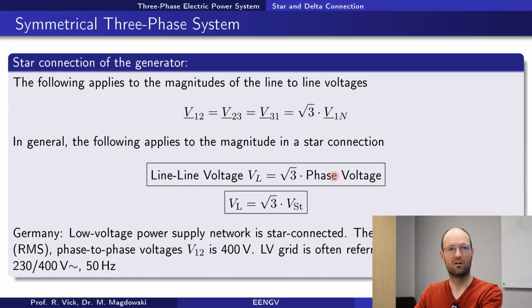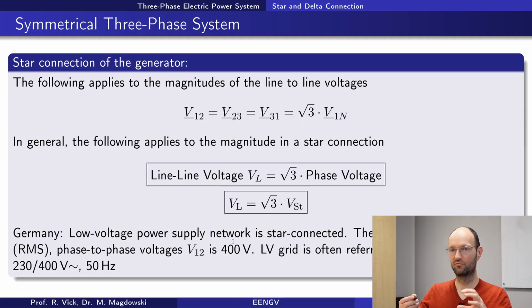Okay, and so from the 230 volts multiplied with square root of 3, we get to 400 volts. And 400 volts is then the other voltage level that you get in a three-phase AC system. And this is another advantage of three-phase systems. We have two different voltage levels.